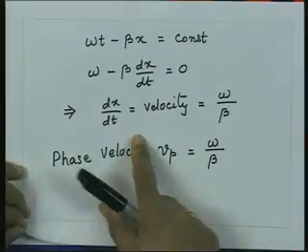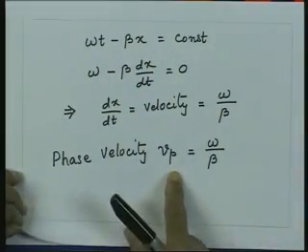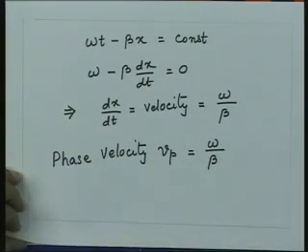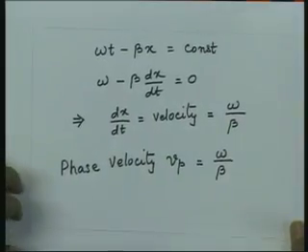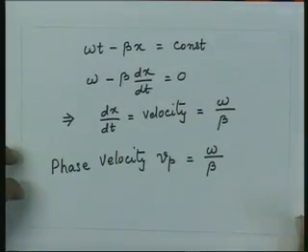I can still define the total phase, which is a combination of space and time, and by making that quantity stationary as a function of time, I may get the expression for the phase velocity of the wave. So the concept is very general, though for a traveling wave it is very simple, and we get the phase velocity of a traveling wave equal to omega by beta. We will use this relation very often when we go to the propagation of electromagnetic waves.